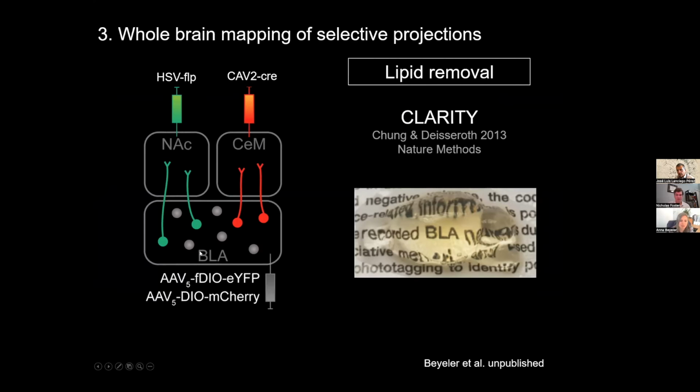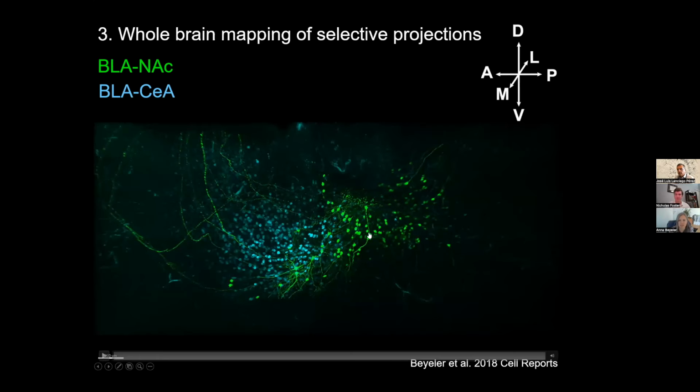And then in the BLA, we injected two recombinase-dependent viruses, so the AAV-Cre-DIO-mCherry to label the BLA to CeM, and then the AAV-FLP-DIO expressing the EYFP to label the BLA to nucleus accumbens. And then again, we went through lipid removal with Clarity and imaged the brain.